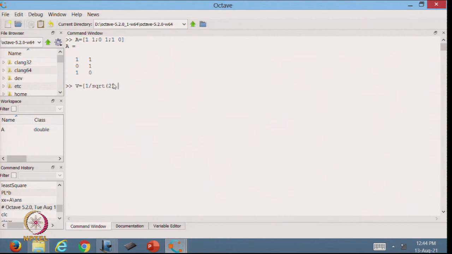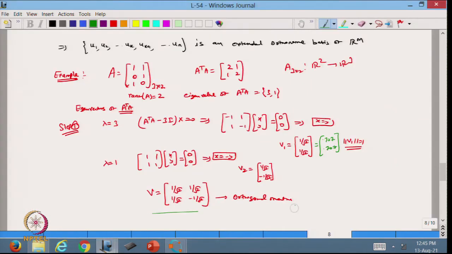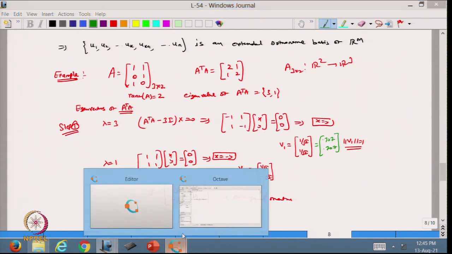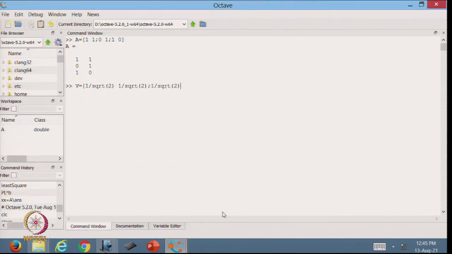Now, I will paste here. So, this is our first one, 1 by root 2, 1 by root 2, and this is again 1 by root 2, minus 1 by root 2. So, this matrix I got, this is my V. This is the V we have taken.